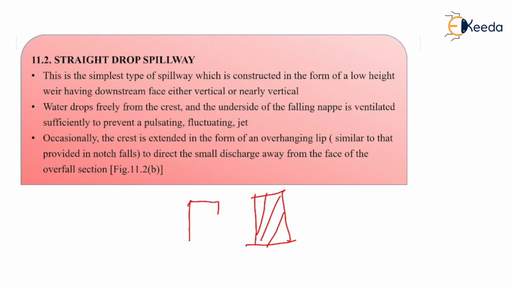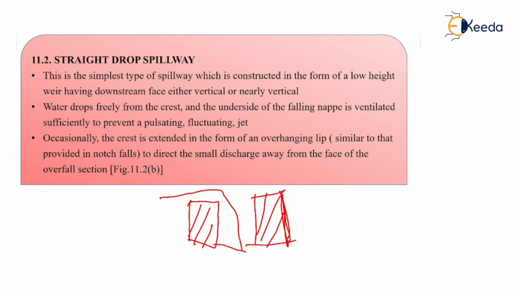That means either it looks like a rectangular block, or sometimes it is given an inclined position. Water drops freely from the crest. Here water comes and directly falls on the bed level. The underside of the falling nappe is ventilated sufficiently to prevent pulsating and fluctuating of the jet.